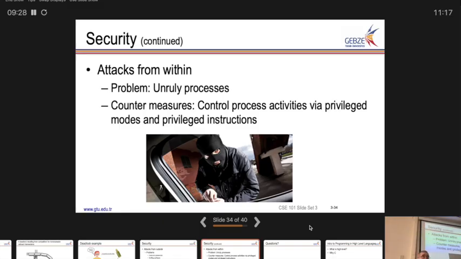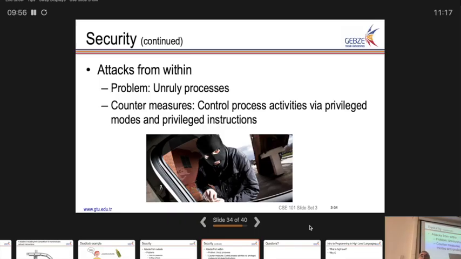So the hardware has a kernel mode and a user mode. In kernel mode, some assembly instructions are possible to execute. In user mode, those instructions are not possible to execute. One of those instructions changes the program counter, or changes the timer.